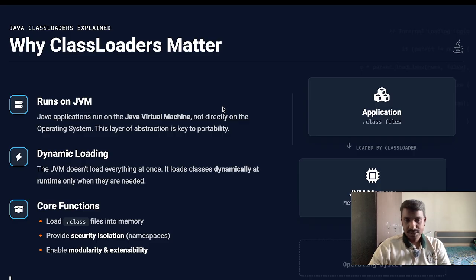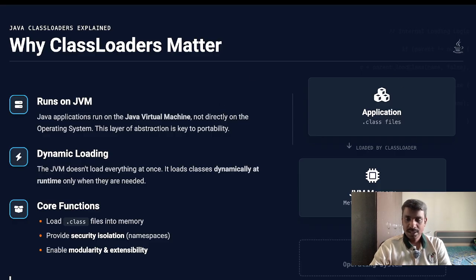Core functions: load .class files into memory, provide security isolation, enable modularity and extensibility. Without class loaders, Java would not be platform independent. Application .class files are loaded by the class loader into the JVM memory, the method area, not the heap.